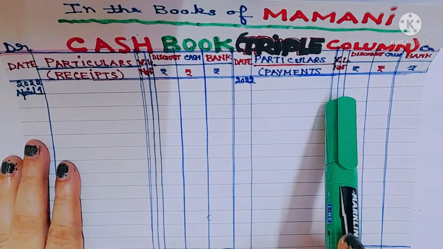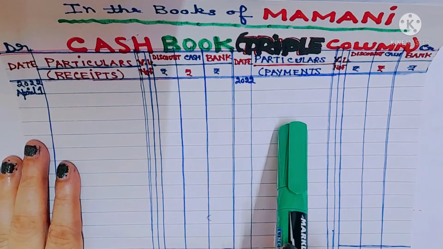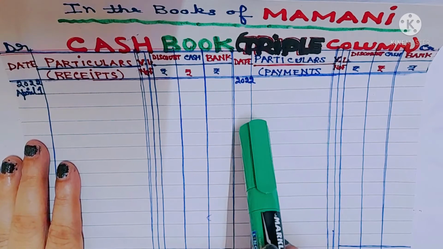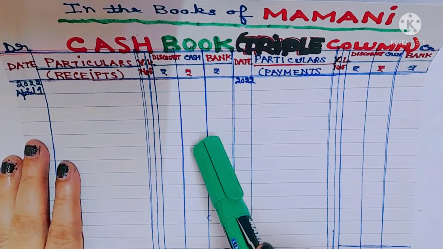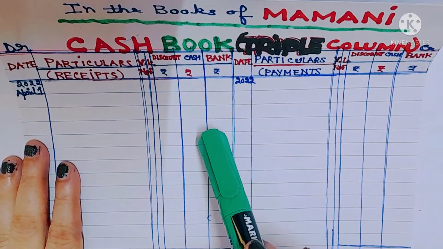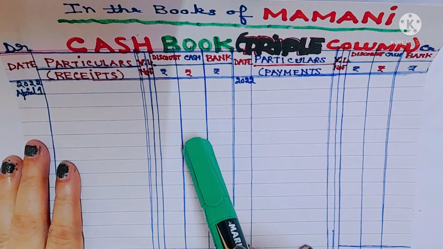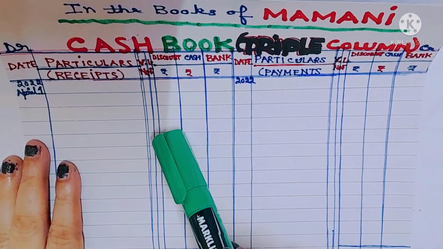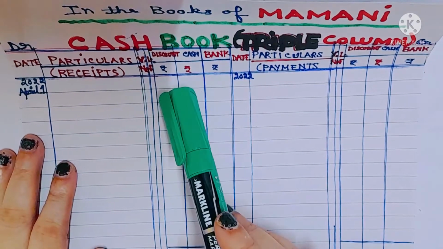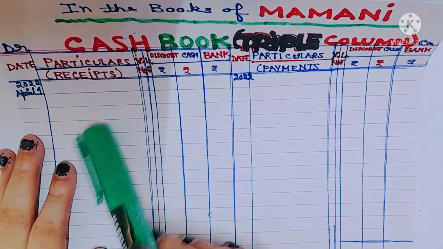The triple column cash book is simply the traditional double column cash book with cash and bank columns, with the addition of an extra column at each side, that is the discount column. When discount is allowed, you have to record it in the discount column on the debit side.